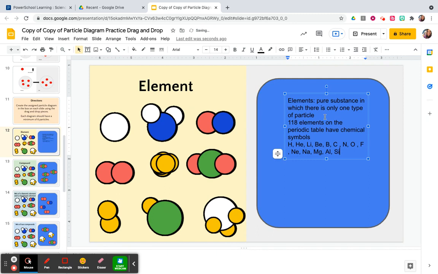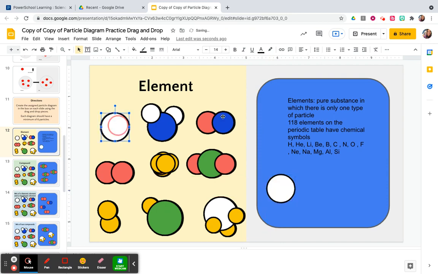But here's what you should notice. They all have capital letters, okay, and then maybe a lowercase one. But if you see a capital letter, it's telling you that that substance is an element, okay? So here's where the particle diagram comes in. If I want to make this box over here an element, I'm going to put these guys in, and I notice that every one of these particles in here, and try to match them up.